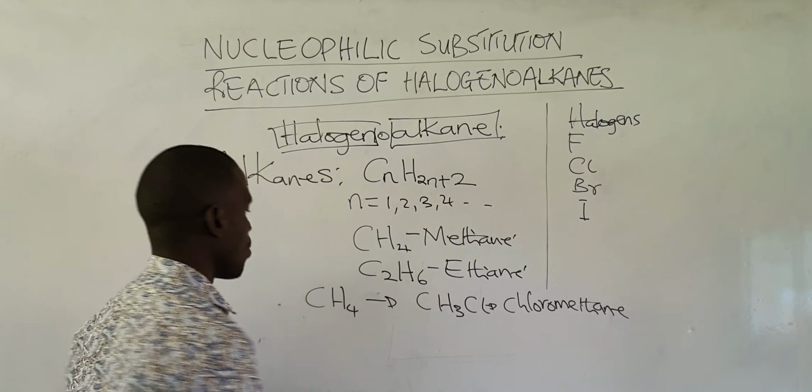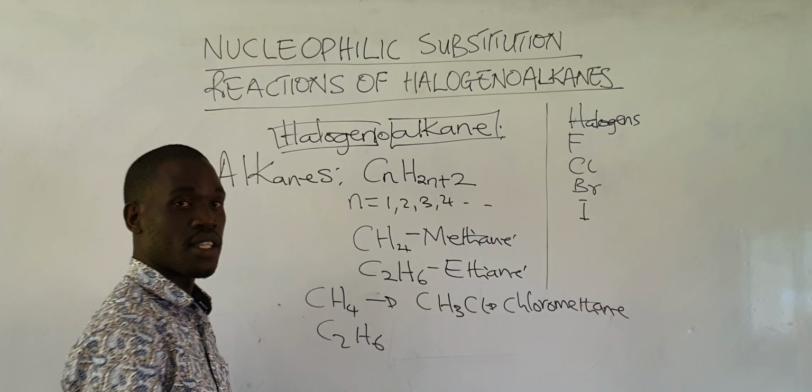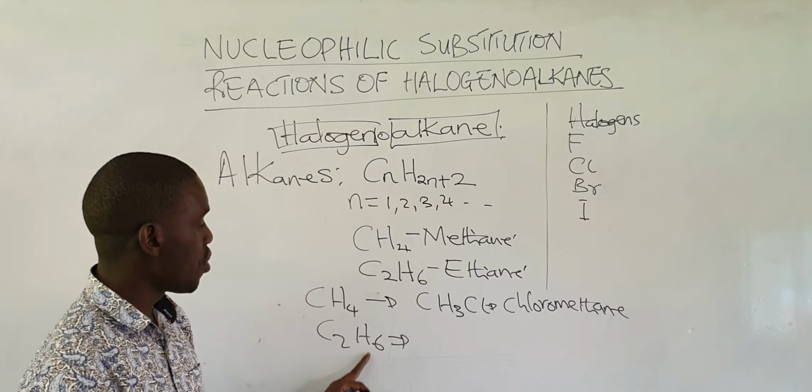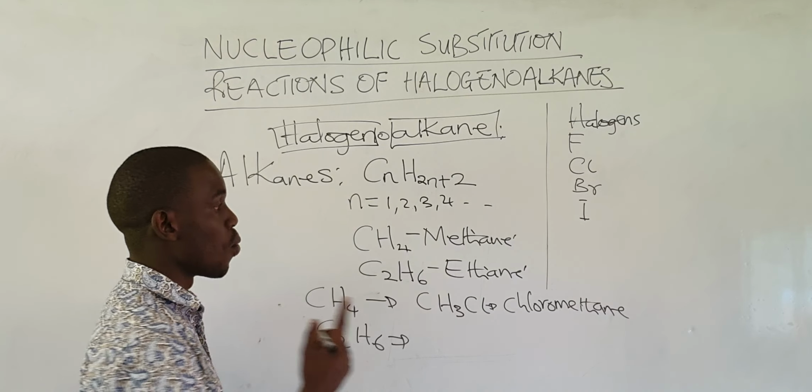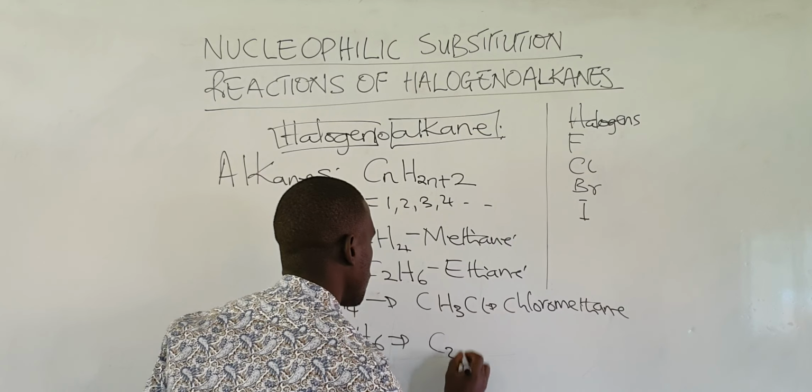If you have ethane, C2H6, and you remove one hydrogen and replace it with bromine, what will you form?